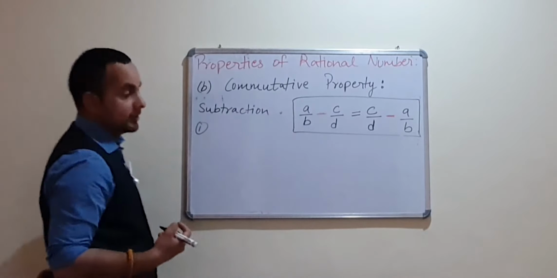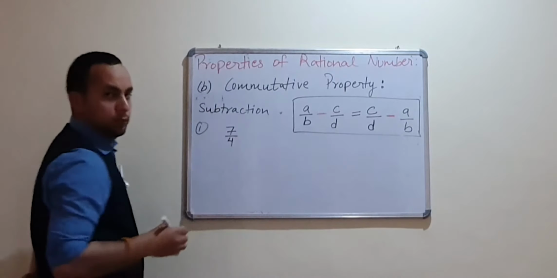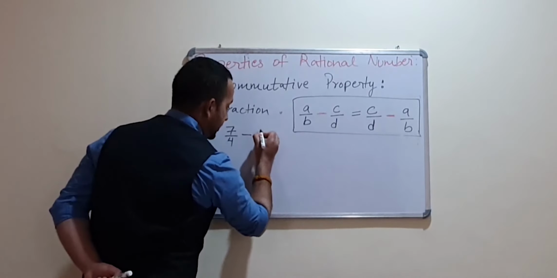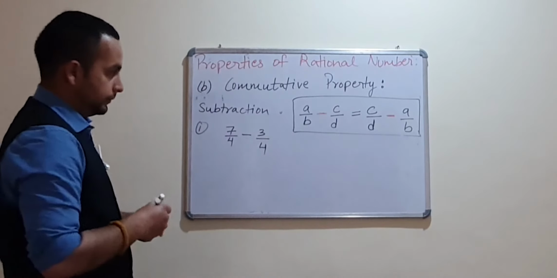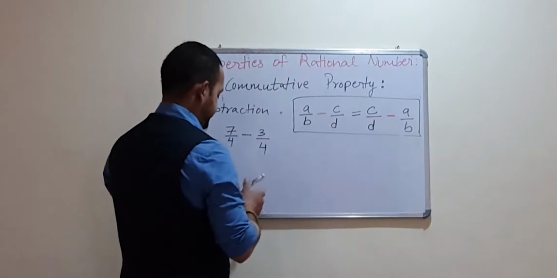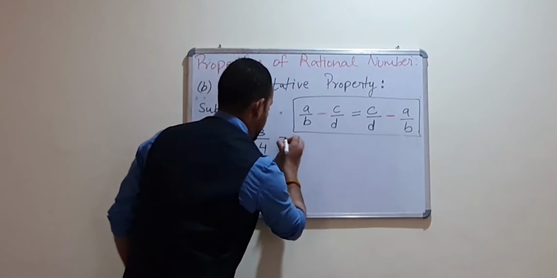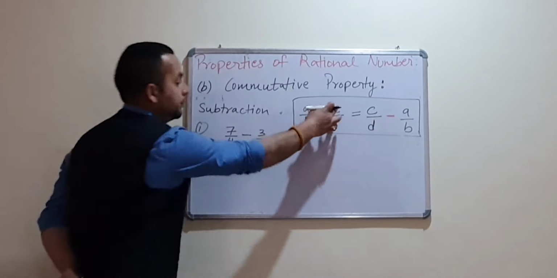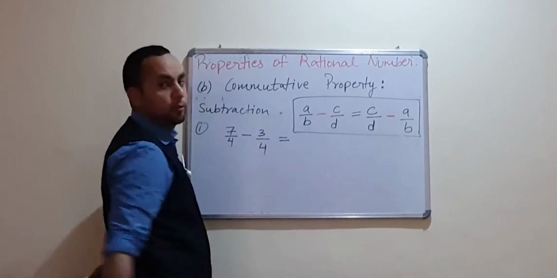Suppose I take a upon b as 7 upon 4, and in place of c upon d I take 3 upon 4. So a upon b minus c upon d, 7 upon 4 minus 3 upon 4, and on the other side c upon d minus a upon b.